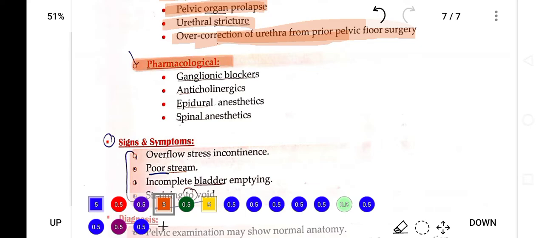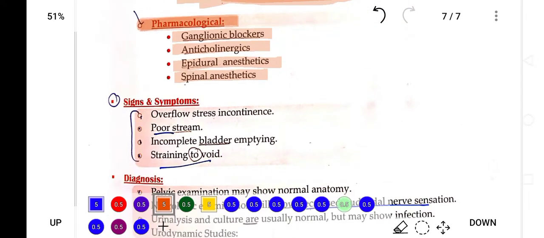Certain medications can cause this condition, like ganglionic blockers, anticholinergics, epidural anesthesia, and spinal anesthesia.